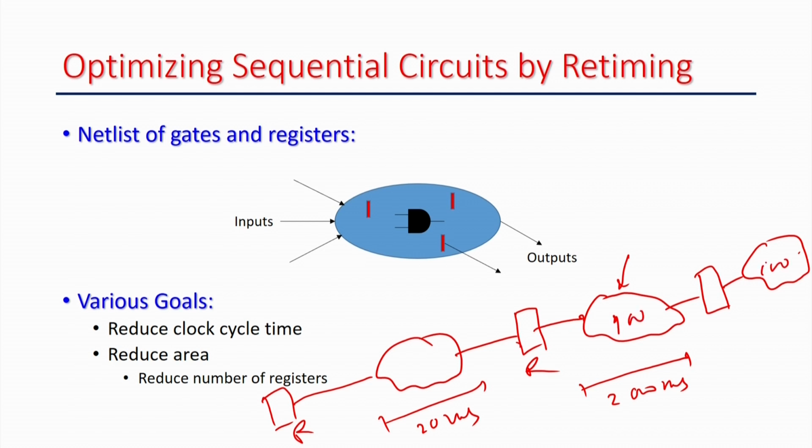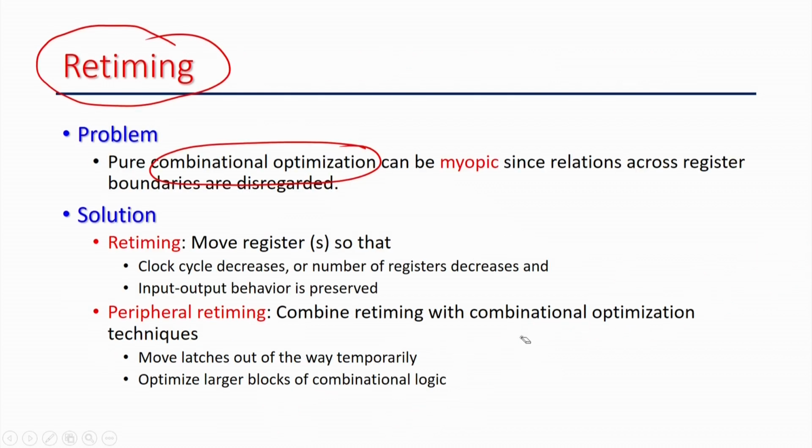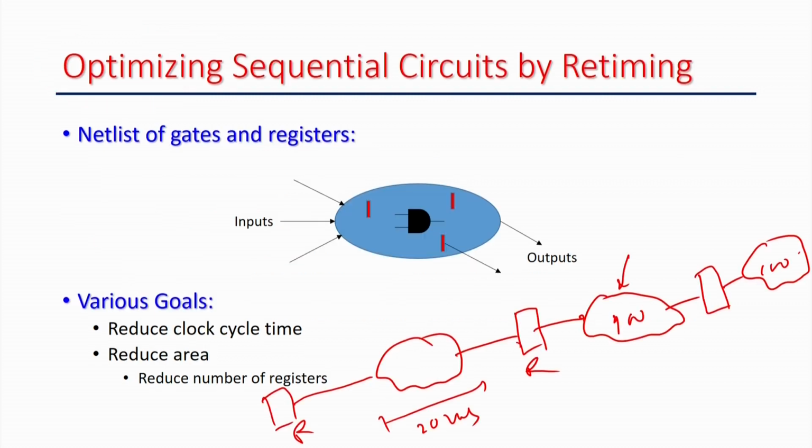Now we can do some optimizations in this combinational circuit. Earlier it was 200, and now I just move the register and place it a little in between, and it becomes 100 milliseconds. This is what retiming is.